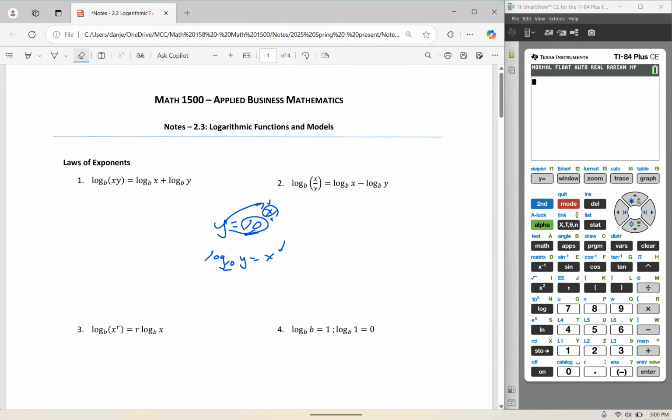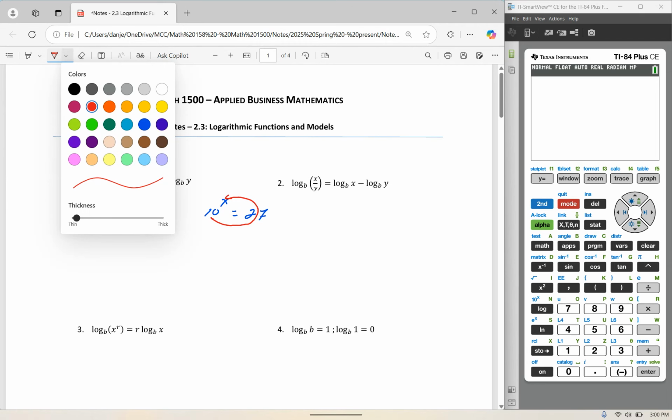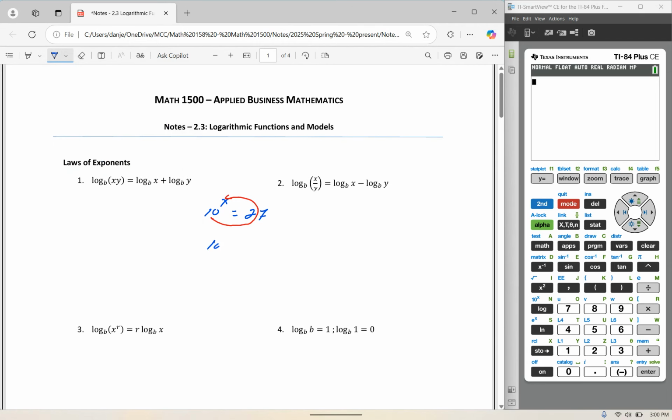Okay, so I've got a mess on here. To convert this back and forth, basically, if I have, let's just say, 10 to the x equals 27, I'm going to use what I call a curly Q. So I've got 10 to the x equals 27, so log base 10 of 27 equals x.